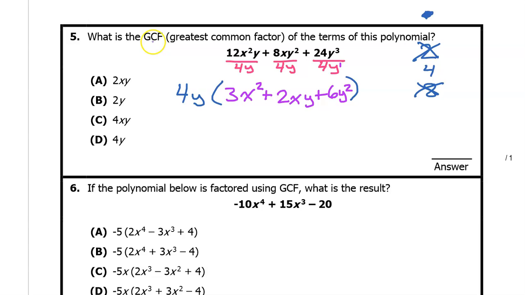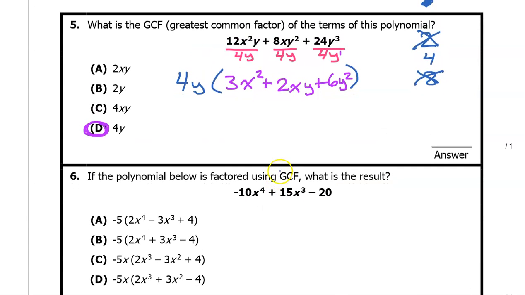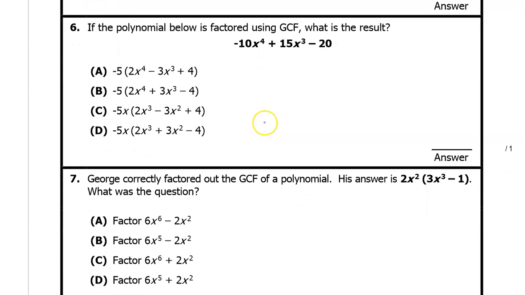They just asked for the GCF. So when I found that 4y in the beginning, that was the answer. So the answer was D, because of the 4y. I started to pause the video and go back and edit out all of that other explanation, but I'm going to leave it in because that was a good lesson preparing you for problem number 6.